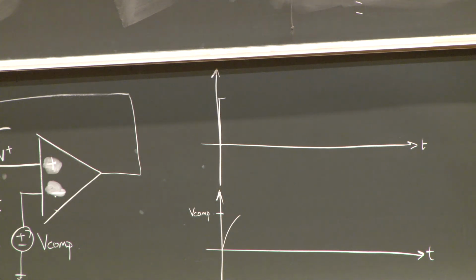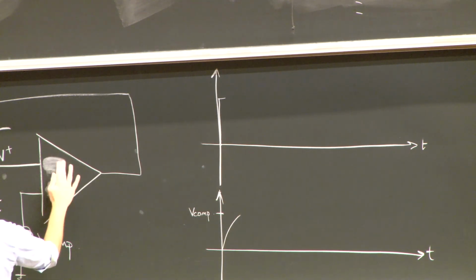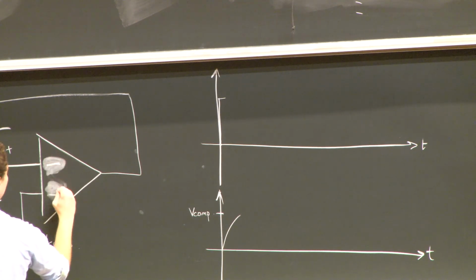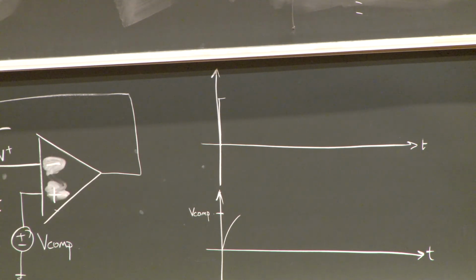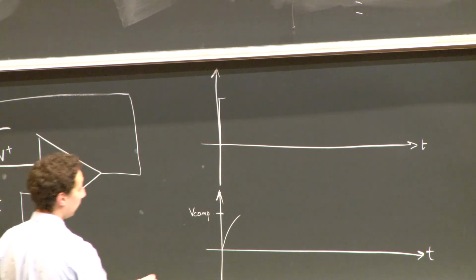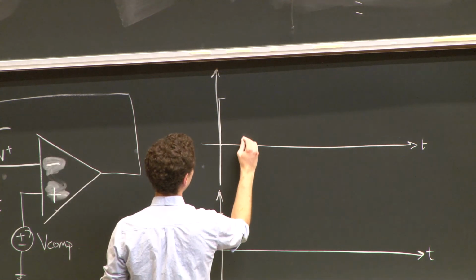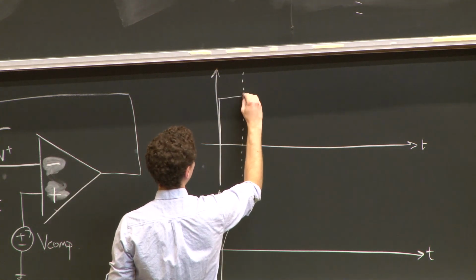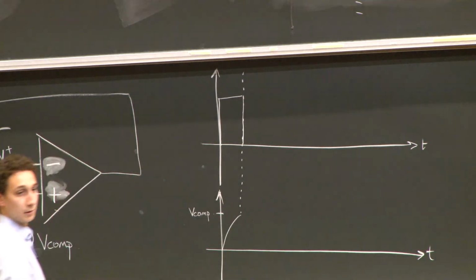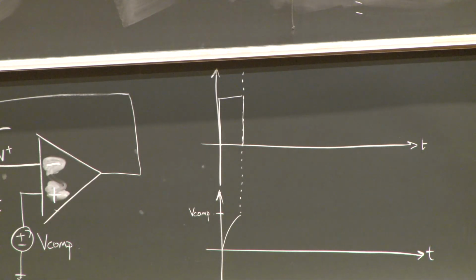Once I get there, did I get it wrong another time? Yeah, I did. I want to switch, right? I want to switch to the other side. So this output voltage then, as soon as I get to this comparator value, will go down. Okay? The minute that that happens, that voltage drops.